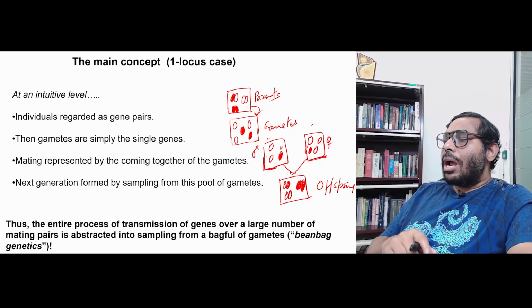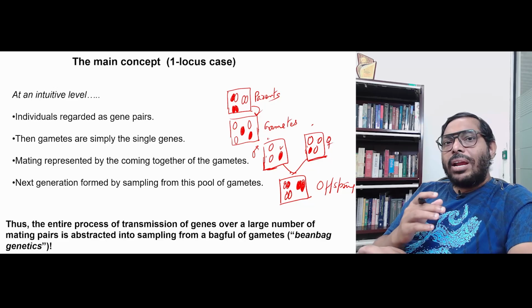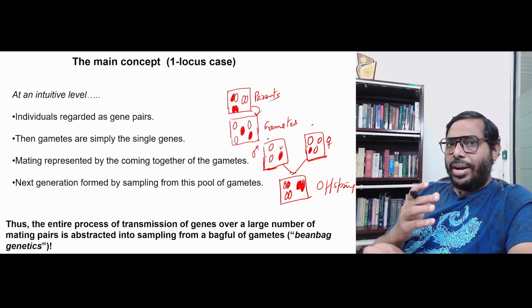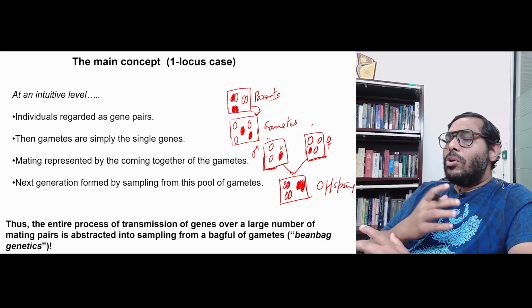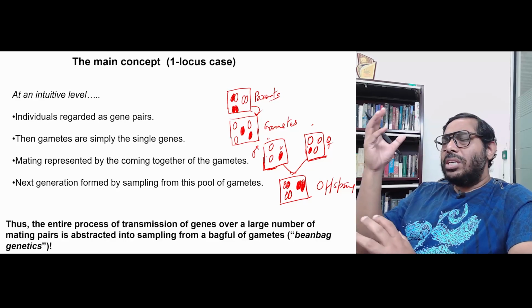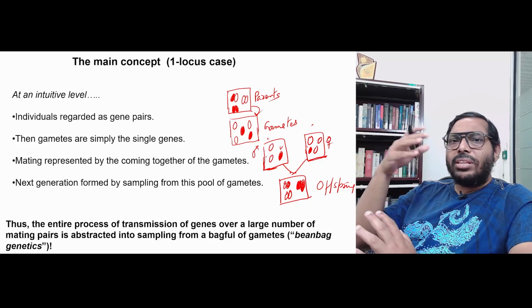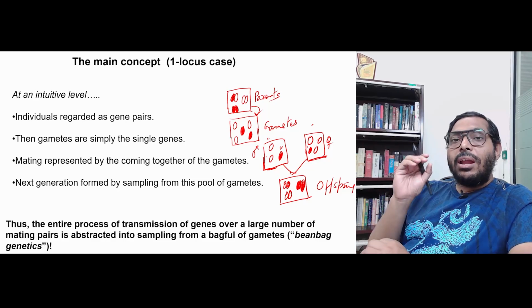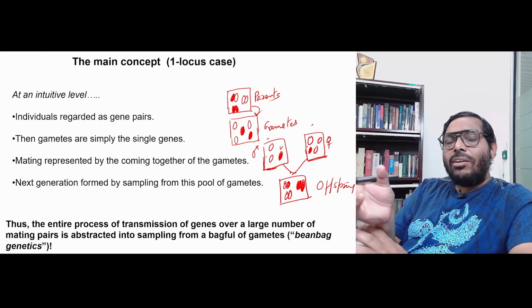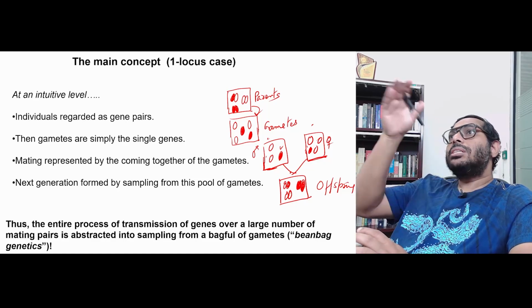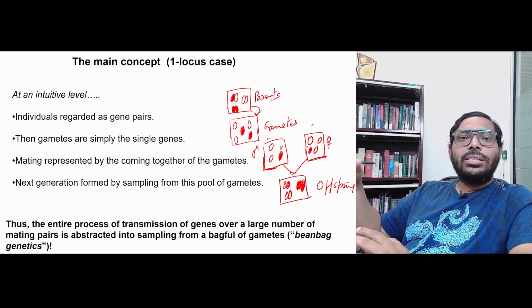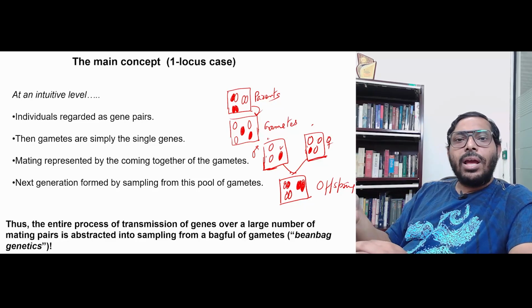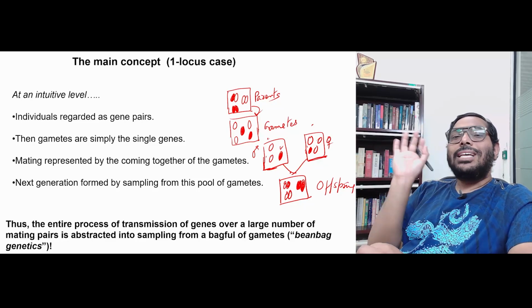Now, at some level, many people find this somewhat discomforting, because biology is complicated: so many genes, behavior, everything is determining who is mating with whom, behavior, culture, etc. And yet at the level of the locus, you are just putting all those complications under the carpet and focusing on sampling.